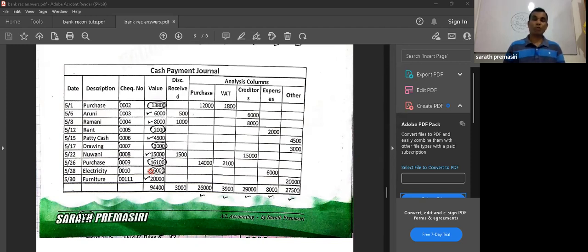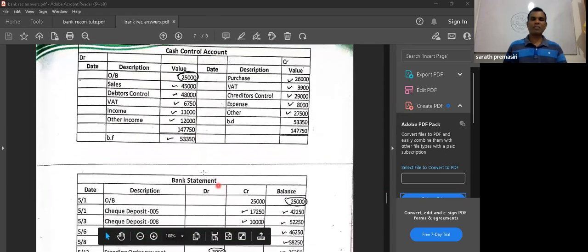So these checks can be named as issued yet unpresented checks. Find out the issued but unpresented checks.